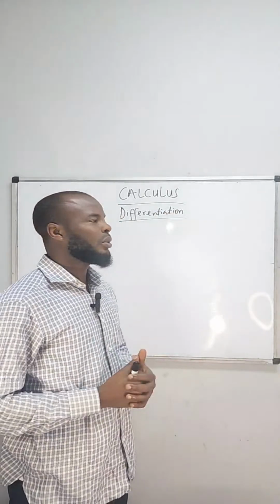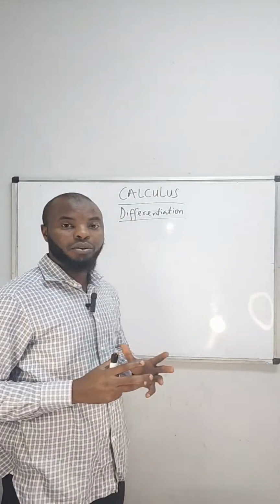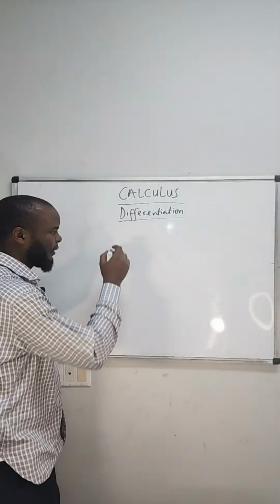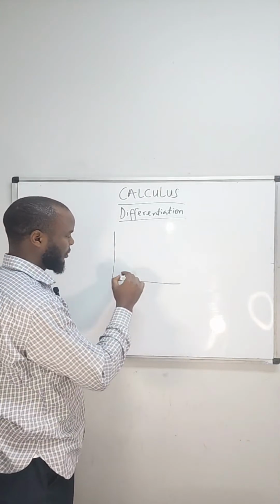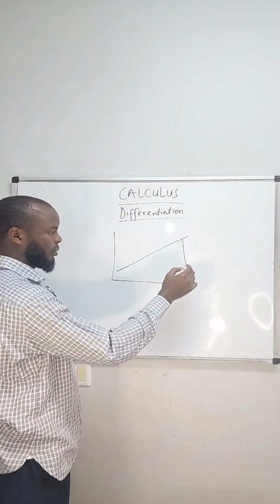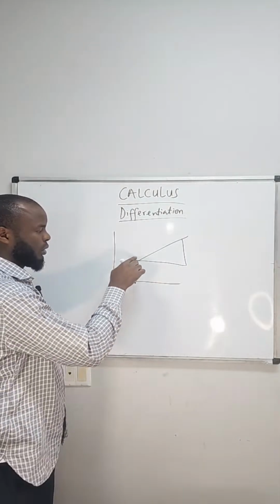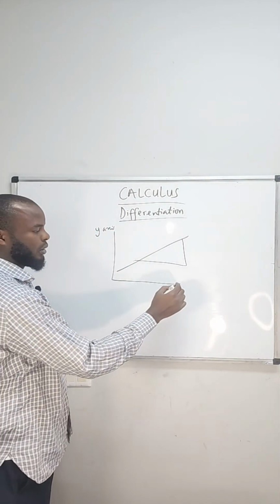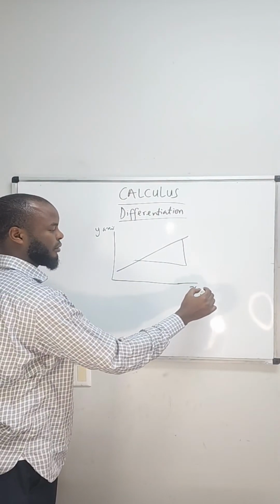So when we talk about the word differentiation, probably I'm not going to go into the details of when you have a straight line like this, and you are interested in calculating the slope. This is the y-axis. This is the x-axis.